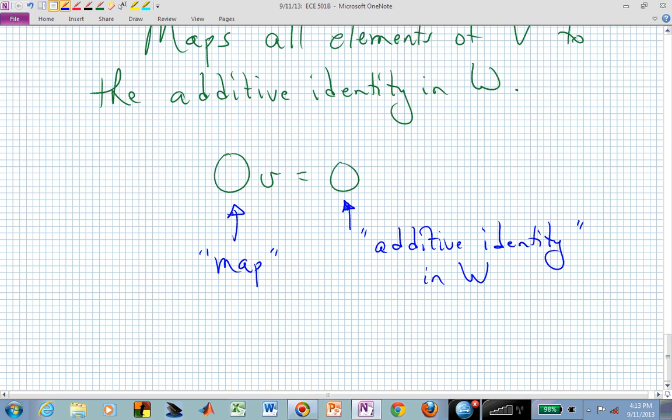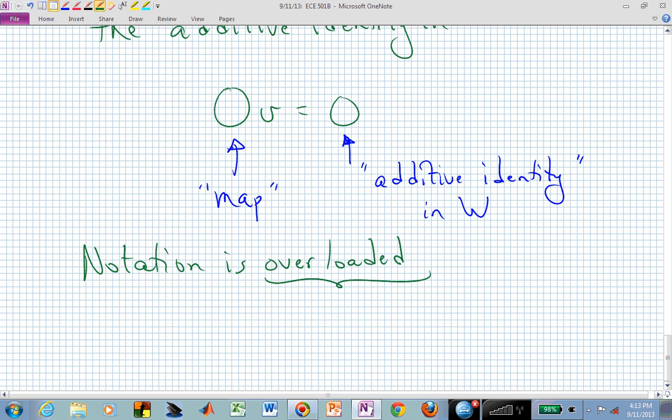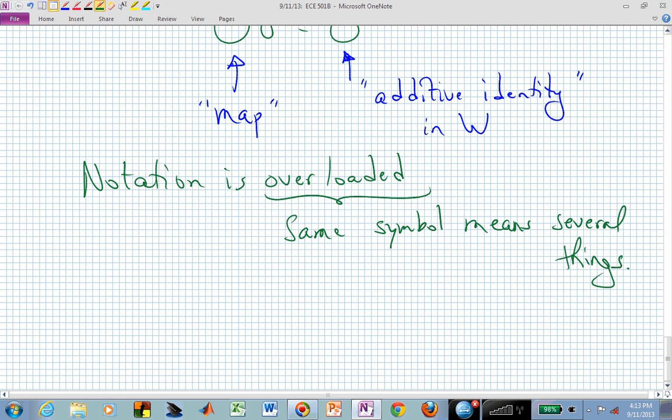And that's what I mean by we've overloaded the notation, which really means we're using the same symbol to mean different things. That zero means a lot of things. That said, it might be nice to have a zero operator, something that maps everything into zero.